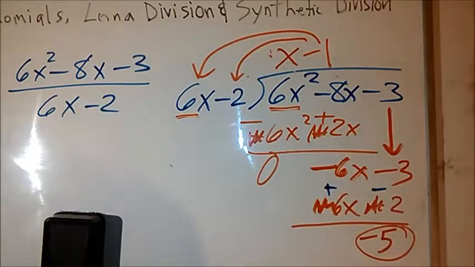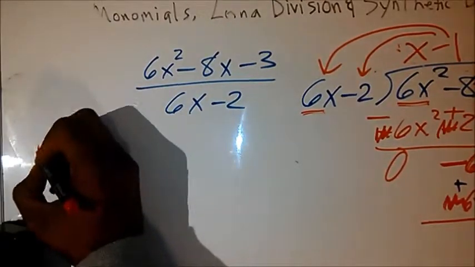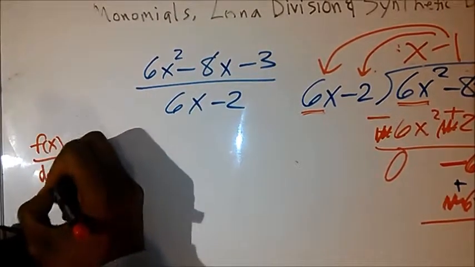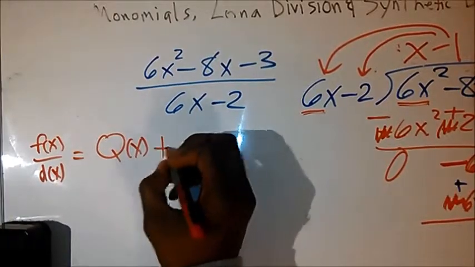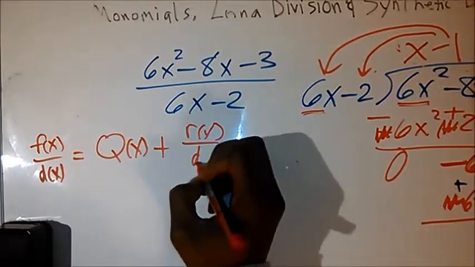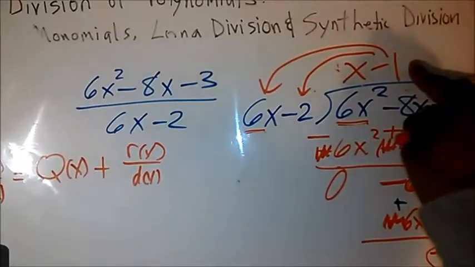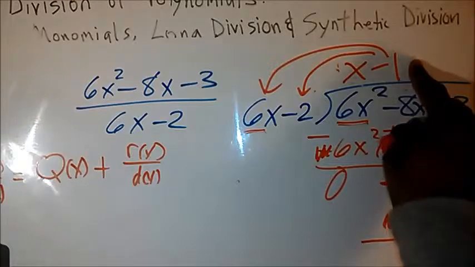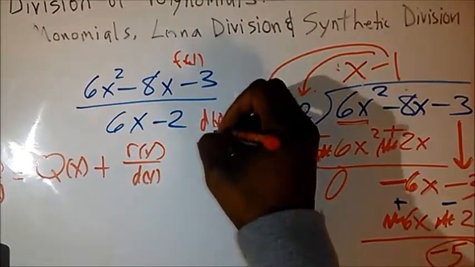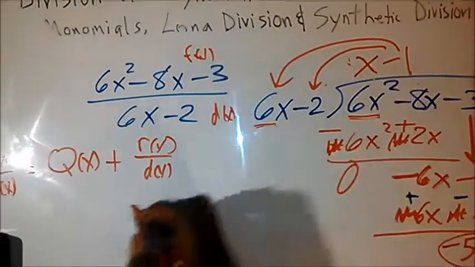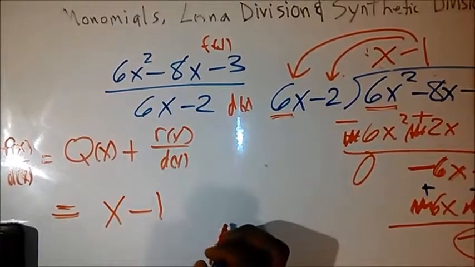And then we express this term this way. Remember, we should express it as f(x) over d(x) equals the quotient q(x) plus remainder r(x) over divisor d(x). So look at it. We have our f(x) here, our dividend, and our divisor here. Our quotient will be x minus 1.